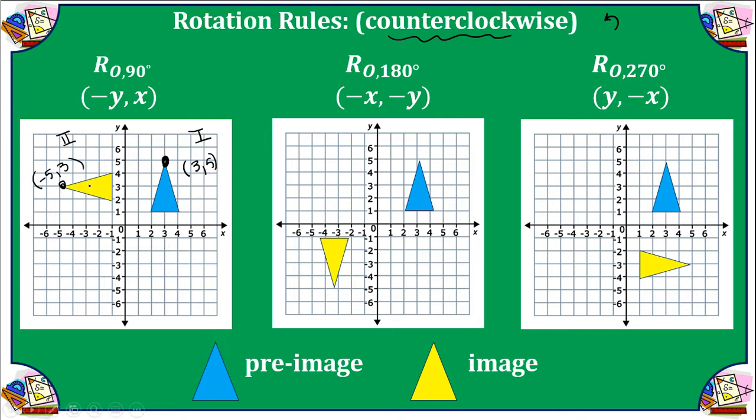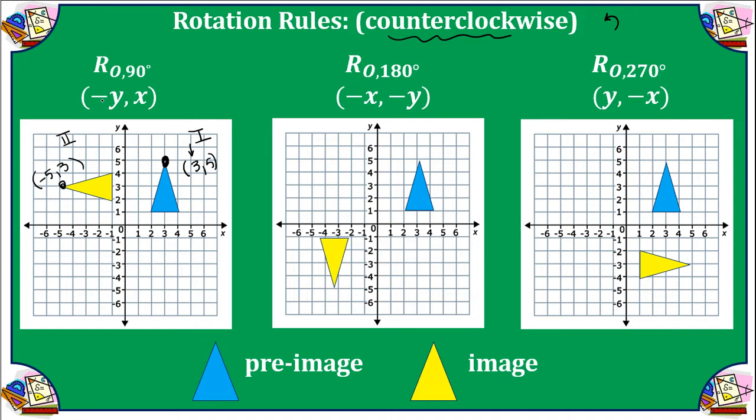So you can see that the rule is when you're rotating counterclockwise 90 degrees, the x coordinate stays the same value, the y changes to its opposite, and then they swap positions. So the notation for the rule is (-y, x).